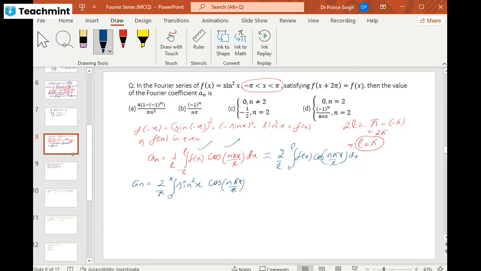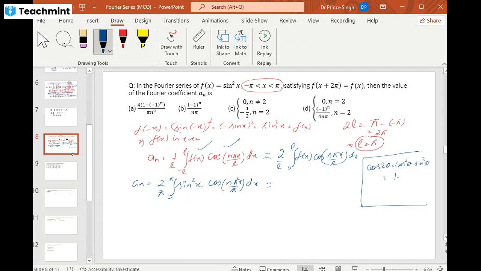So it means pi and pi get cancelled. Here we have a product of two functions. One is sine square and another one is cos nx. But sine square is non-linear. So to evaluate this integral, firstly we need to convert it into linear form. We are using here the trigonometric identity that cos 2 theta is equal to cos square theta minus sine square theta.